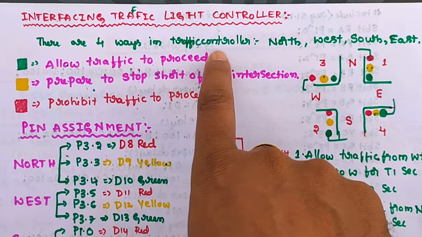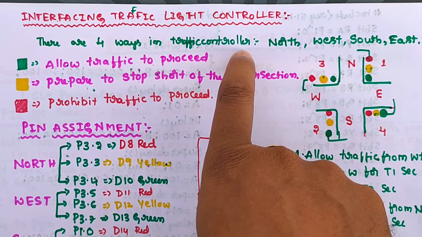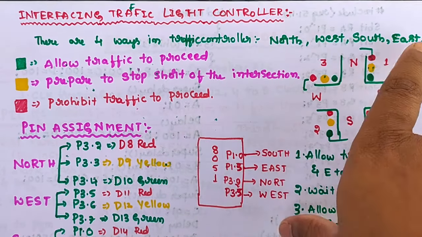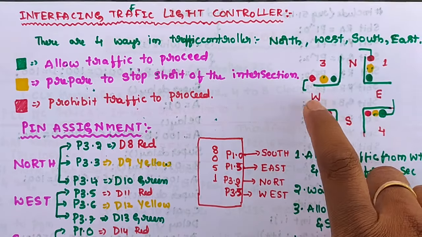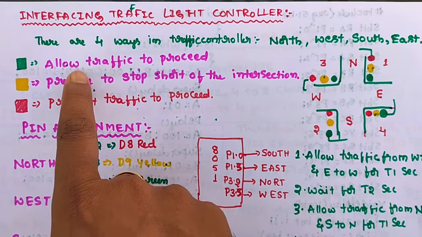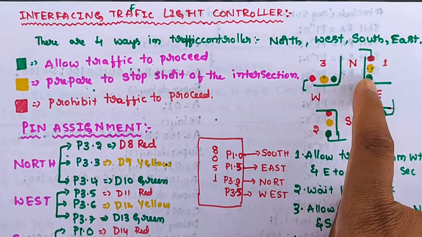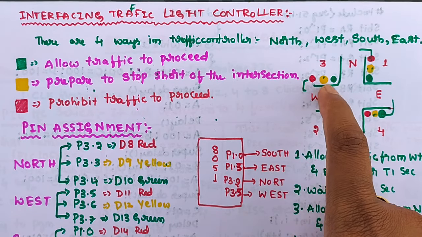There are four ways in a traffic controller: north, west, south and east. Here is a picture which indicates the north way, west way, south way and east way. Each way is represented with three signals.